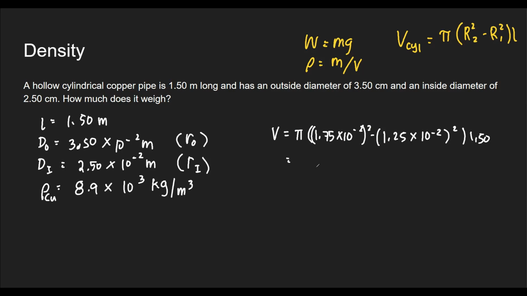That'll just give us 7.06 times 10 negative 4 cubic m.